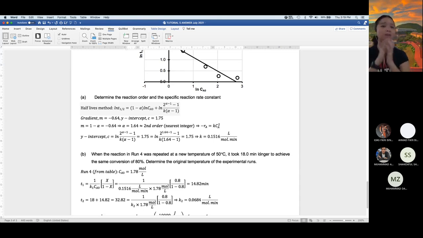So saya rasa saya dah pernah ajar kamu dan kamu kena ingat suhu akan mempengaruhi masa tindak balas. So dia kata sekarang bila saya run balik yang run keempat tu pada suhu 50 Celsius, ia mengambil masa 18 minit lebih panjang untuk saya mencapai conversion yang sama 80%. So dia beritahu kita macam mana kita nak, apakah suhu asal tindak balas kita. So how do we do this?